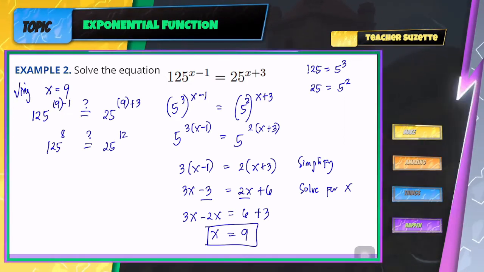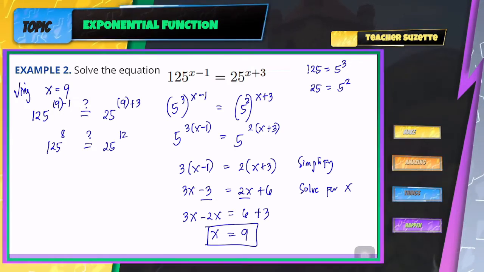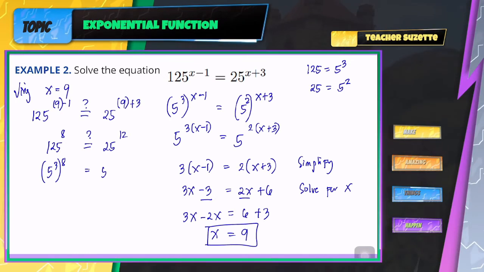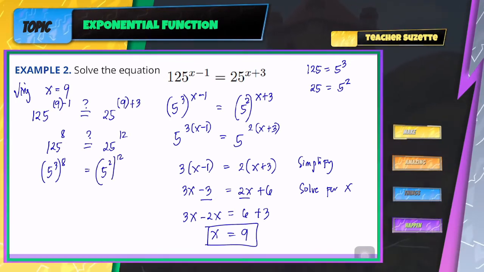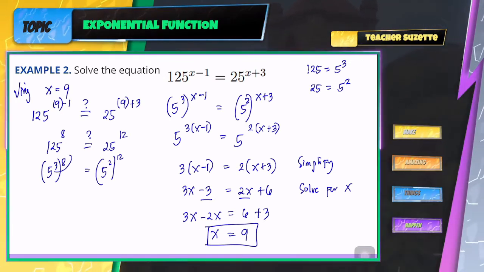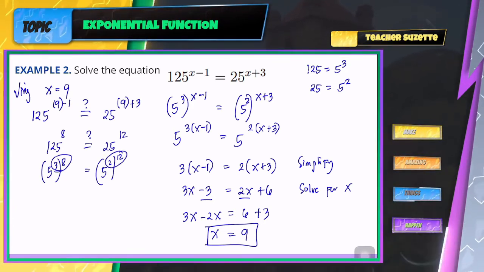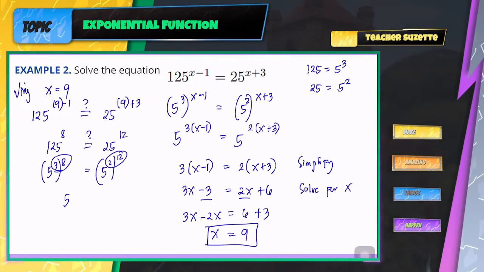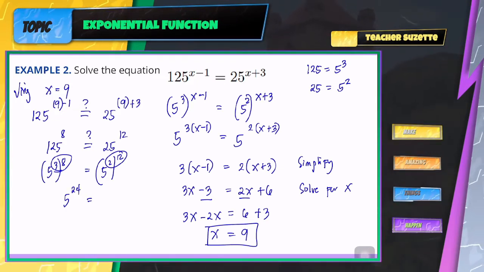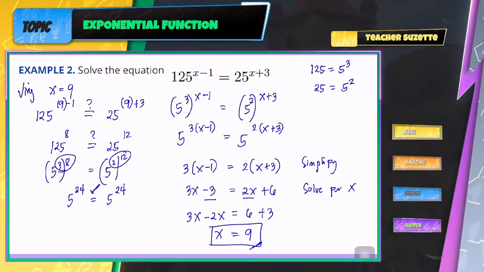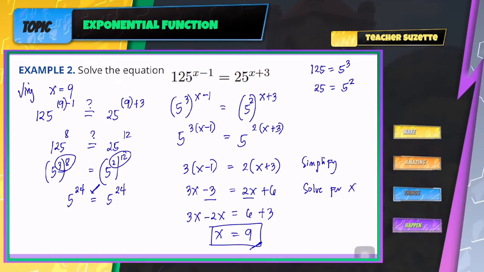So, express natin yung ating 125 as 5 cubed raised to 8. Then, 25 as 5 squared raised to 12. Then, obviously, when you multiply the exponents of both sides of your equation, you have 5 raised to 24 equal to 5 raised to 24. So, therefore, equal siya. Then, we have our true solution or tama ang ating solution, which is x is equal to 9.